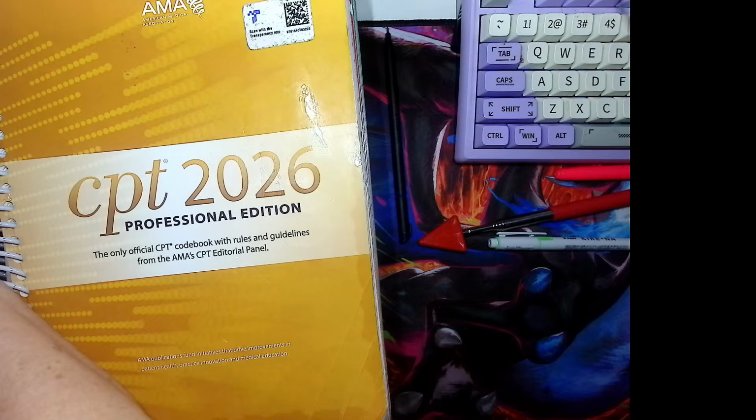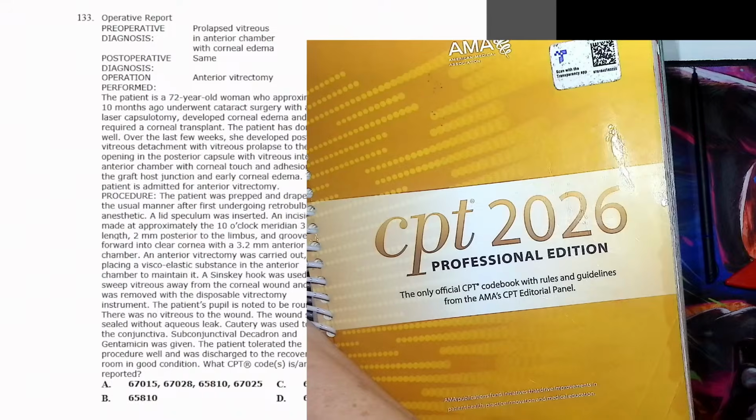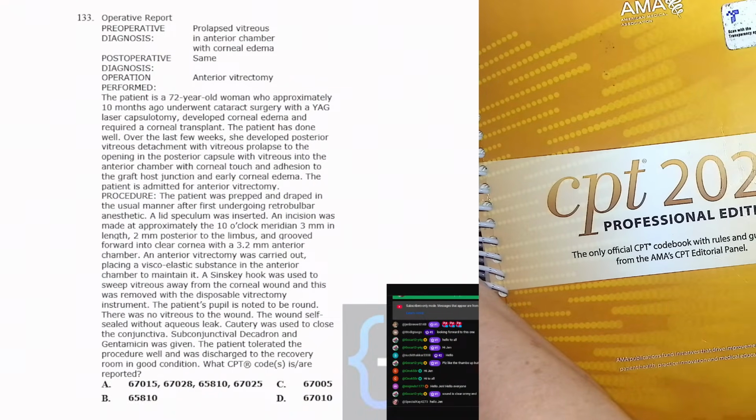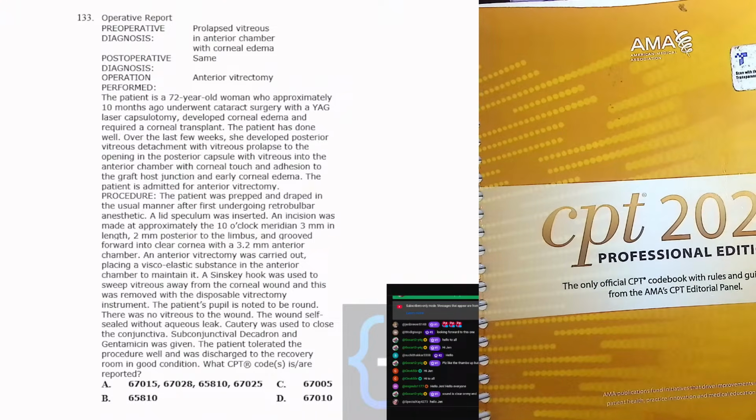There we go. Move that over there. There we go. Now we got our book out.